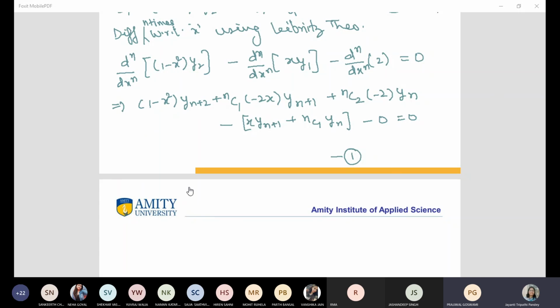Getting? What is the output that we are getting in this case?